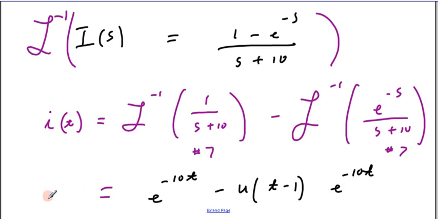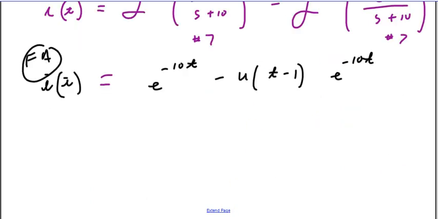And that's my final answer. Final answer. And it checks with the back of the book. And with that, we are done with section 7-5.